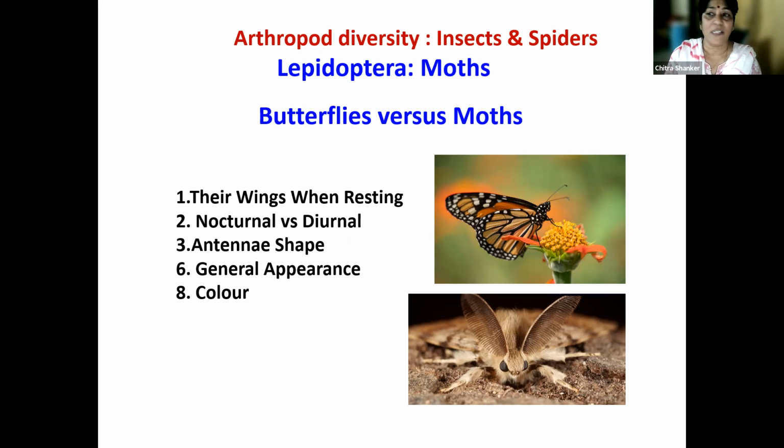Again, all these are general differentiations. There will be exceptions in both cases. Most butterflies close their wings while resting, while moths keep them open when they're resting. Also, most moths are nocturnal, while most butterflies are day flying, or diurnal.